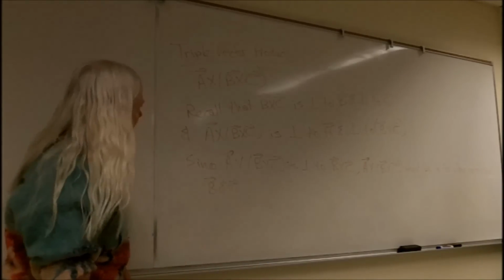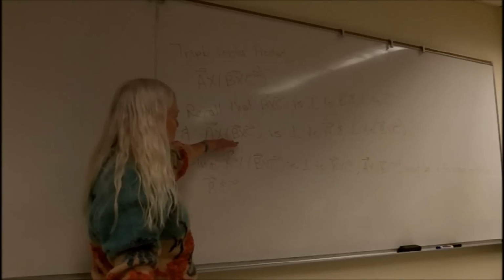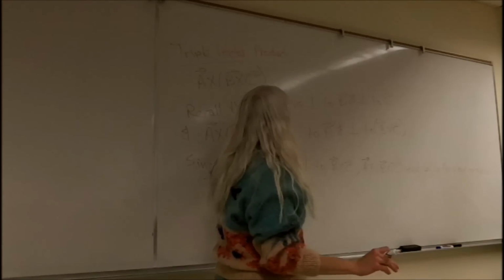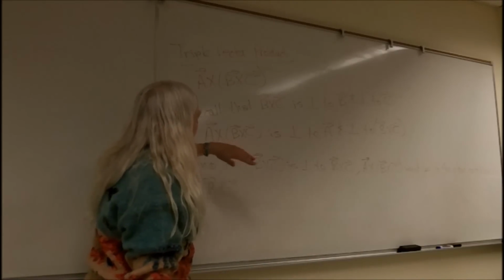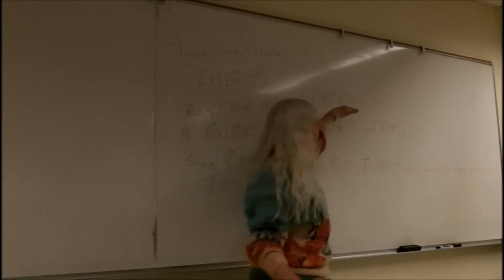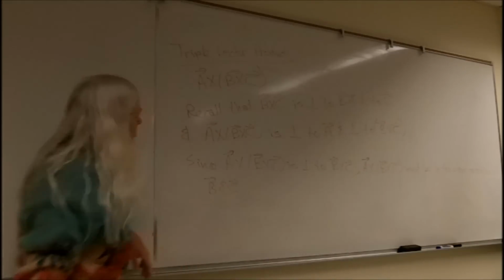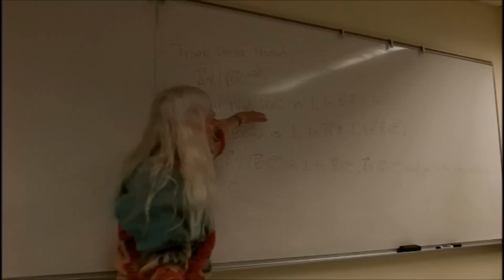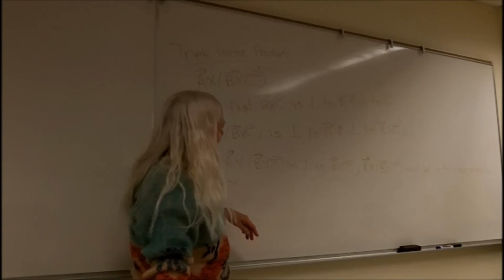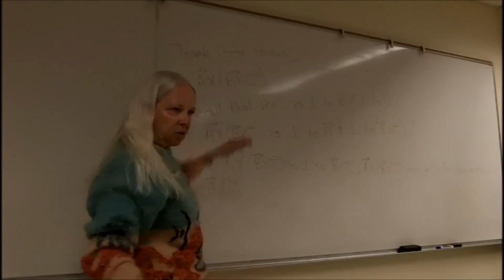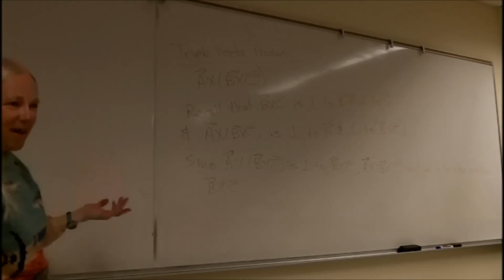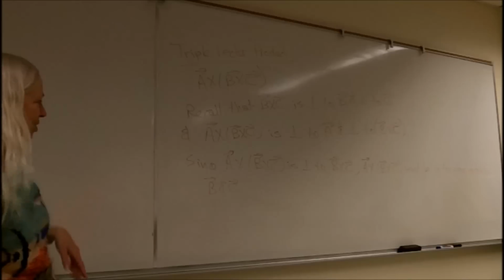Because here's our reasoning. A cross B cross C was perpendicular to B cross C, but B cross C in turn was perpendicular to both B and C individually, and therefore, think of there being a plane that has both the vectors B and C in it. B cross C is then perpendicular to that plane. Okay? But then perpendicular to B cross C must be this triple product, therefore it must be in that same plane that B and C were both originally in.